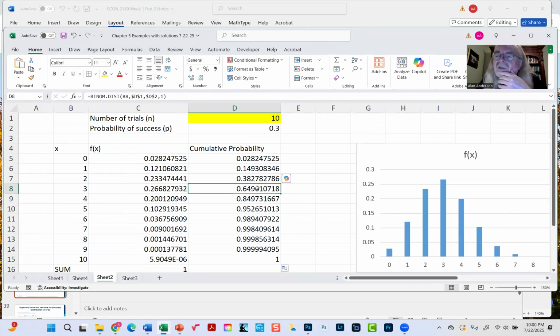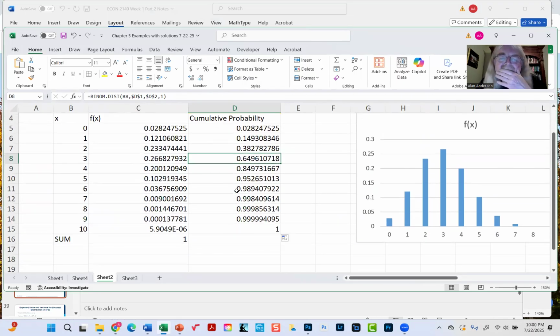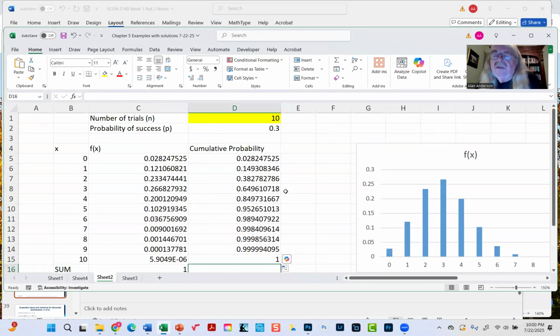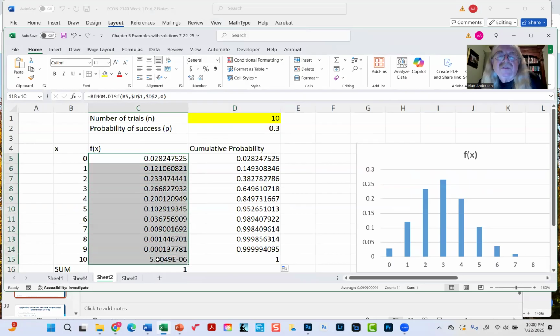We can easily calculate that probability. Cumulative probabilities, you don't see them as often, but they're awfully important. In some applications, this is what we're really interested in. But if we're only interested in the individual probabilities, then we can use the other approach.